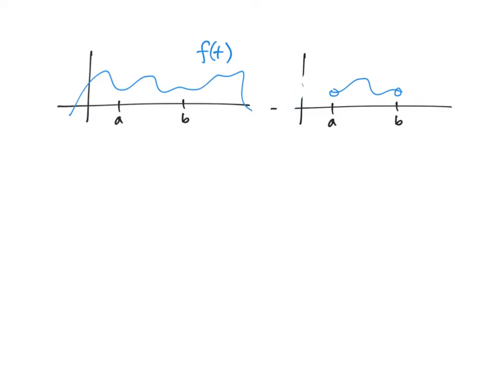Okay, and how can we express this function? Well, this is just going to be f of t times our window function. So the window function just gives us a nice way of expressing a piece of a function. And why do we want to do that?